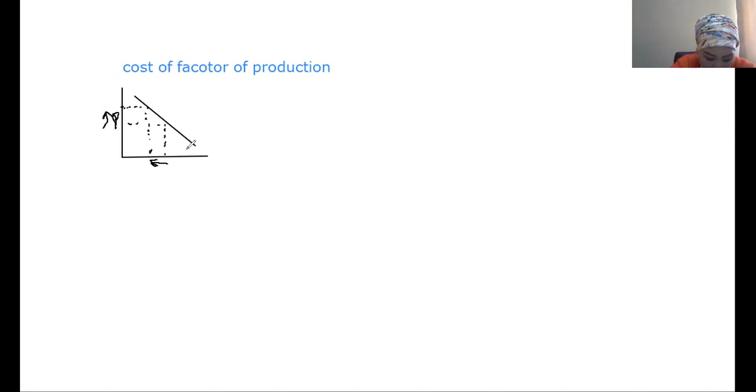And we know that vice versa, if the price is falling down, the quantity for that product is increasing. It's the demand law, right? Let's write here, demand law.